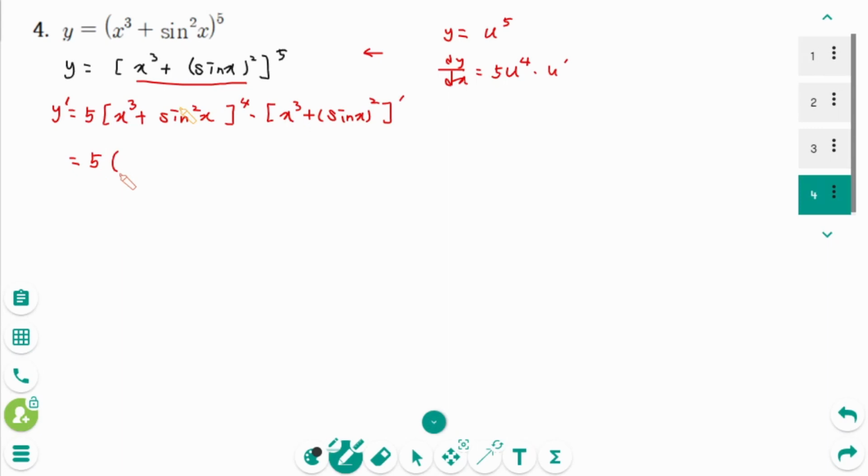So 5 times x cubed plus sine squared x to the power of 4 times x cubed prime is 3x squared plus, now u is sine x, just think of it as u squared. So u squared prime equals 2u times u prime. Keep the inner function, sine x.